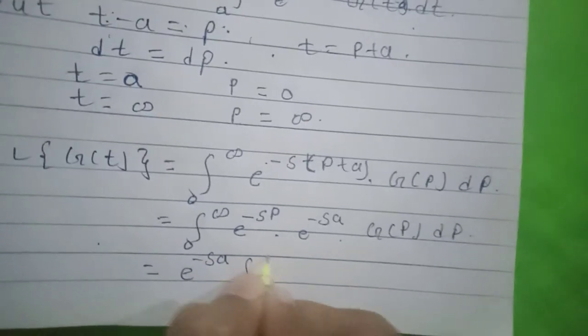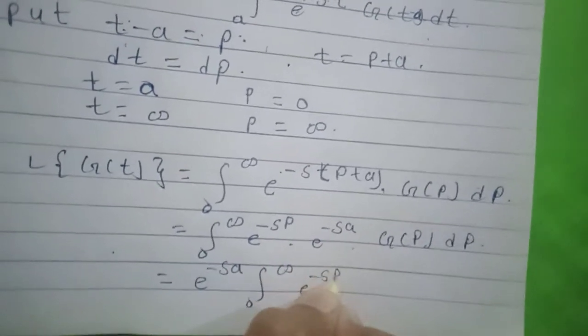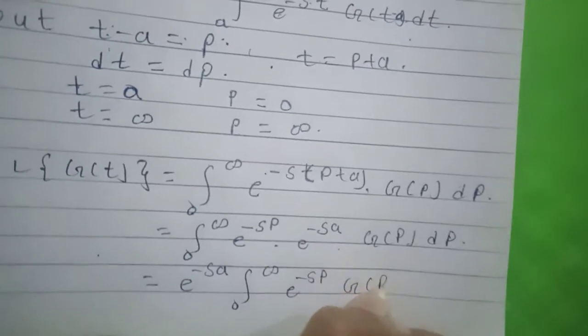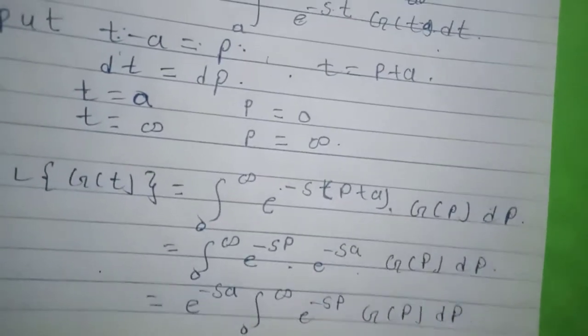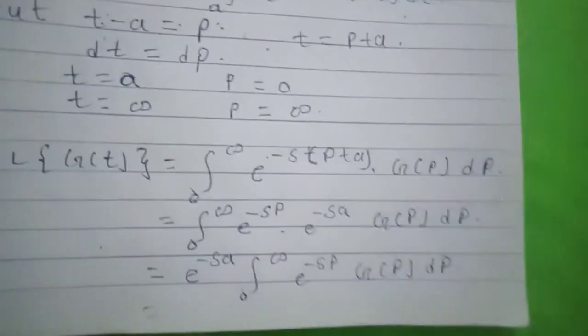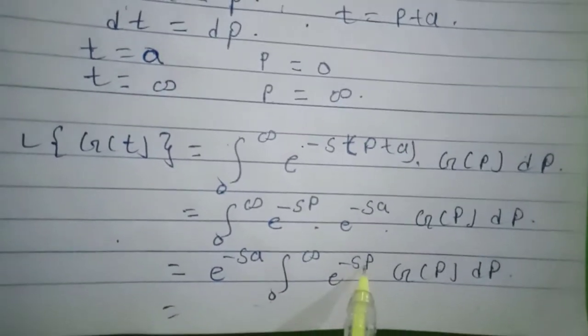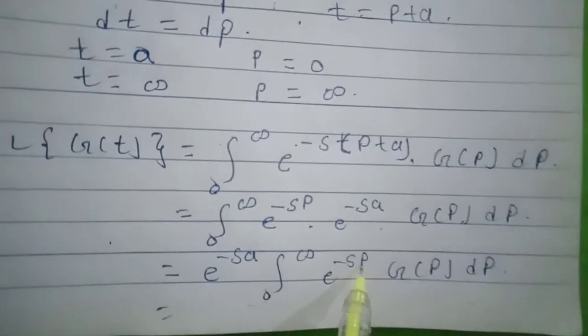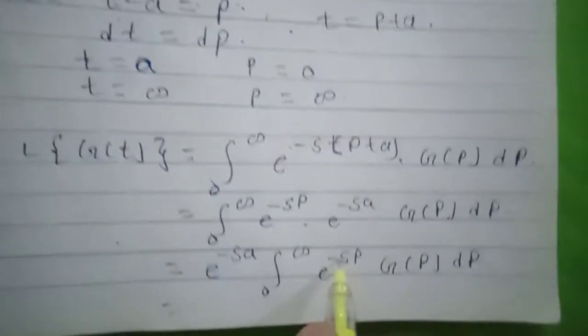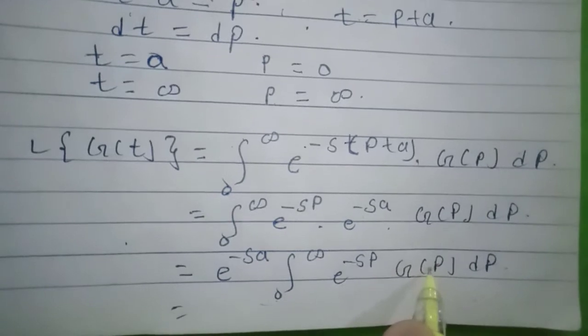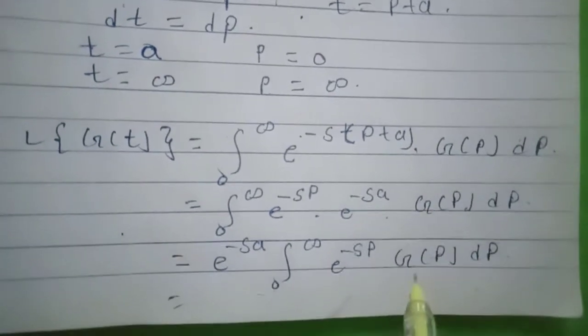Then integration 0 to infinity e raised to minus sp g of p dp is, by the Laplace definition, integration 0 to infinity e raised to minus st f of t dt with variable p in place of t. So this is equal to f of s.